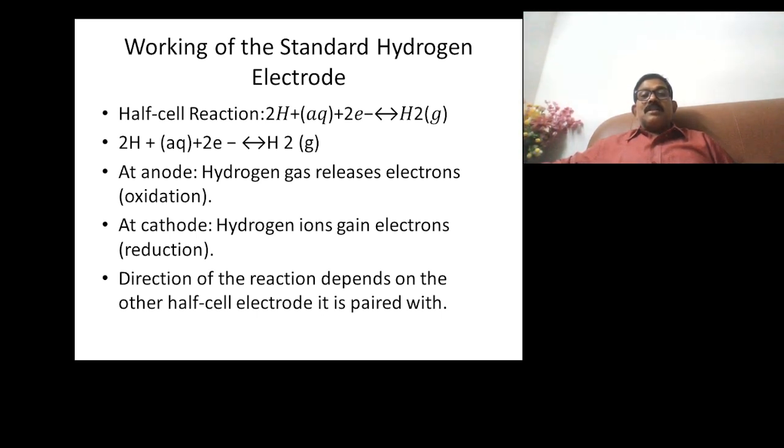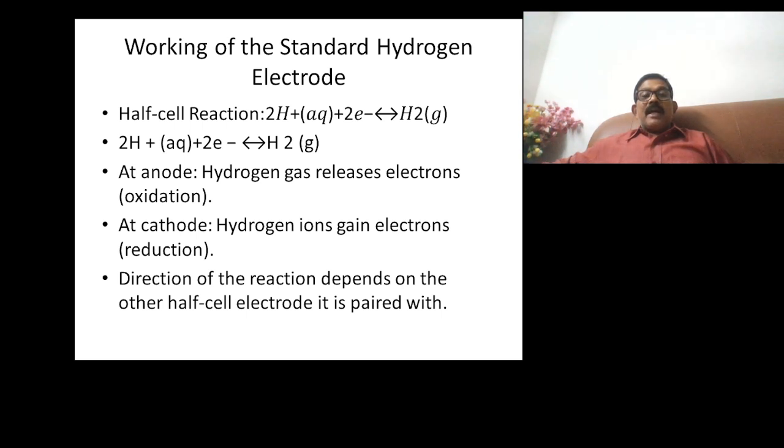And H2 gas splits into 2 H plus aqueous plus 2 electrons. So these two processes are at equilibrium. H plus taking an electron and converting into hydrogen gas is a forward reaction, and hydrogen gas splitting into H plus ions and electrons is a backward reaction, and these two reactions are at equilibrium. So 2H plus aqueous plus 2 electrons gives rise to H2 gas.